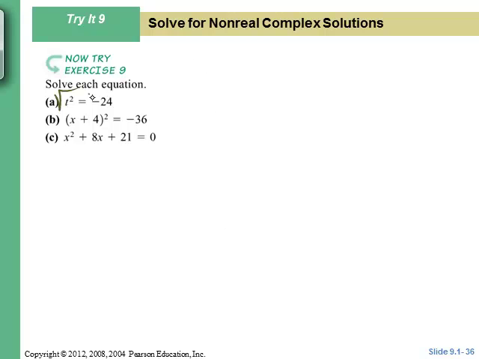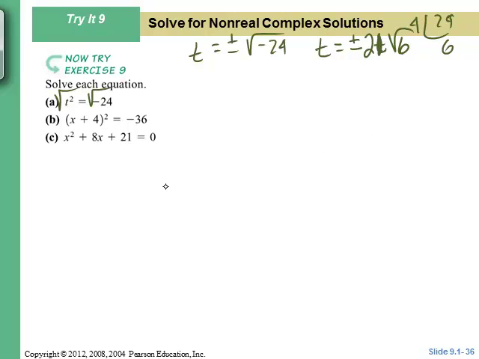Square root of both sides here. You get t equals plus or minus square root negative 24. 24 divided by 4 is 6. Square root of 4 is 2. So t equals plus or minus 2i root 6. Next one, square root of both sides.